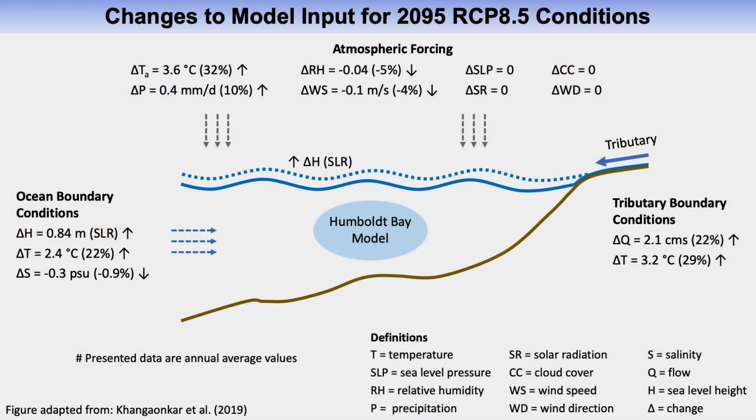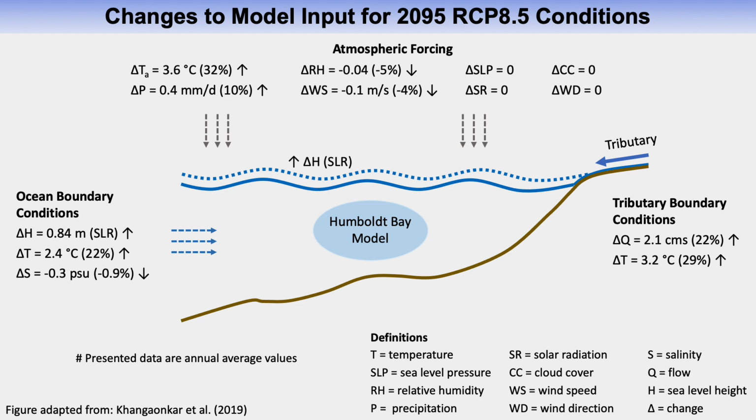That allowed me to take the model boundary conditions for 2019 and adjust those into the future for the variables I could change. So just think of this kind of like Groundhog Day, just repeating 2019, but in a warmer future, all right? And so for the periods simulated, 2019 represents existing conditions, and the future period is 2095.